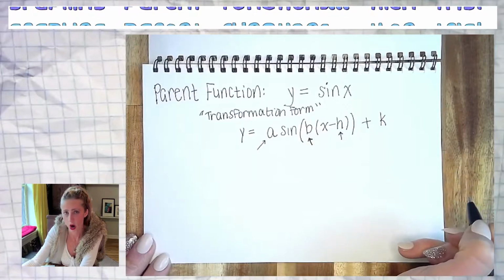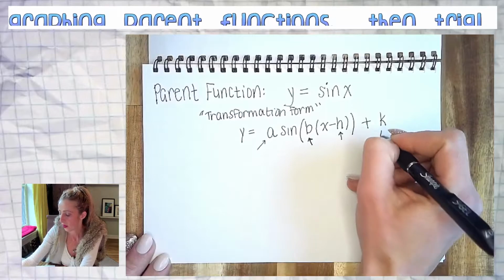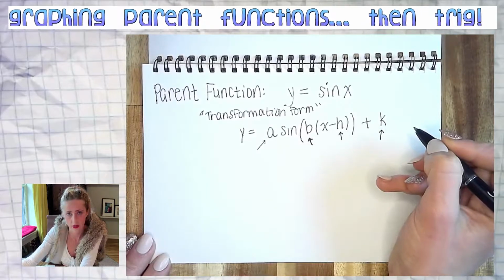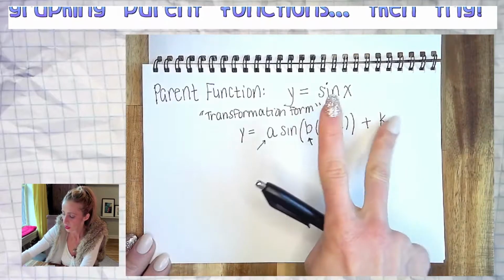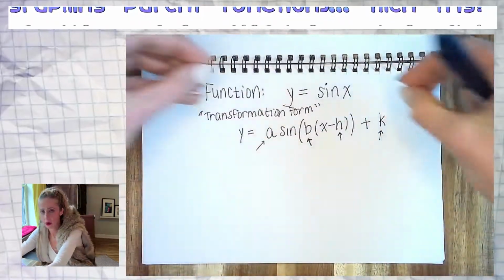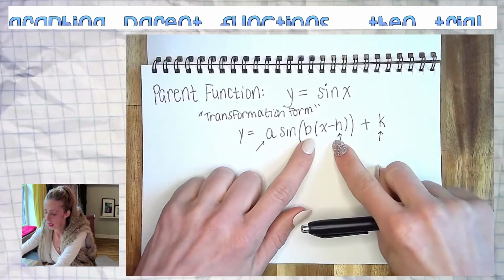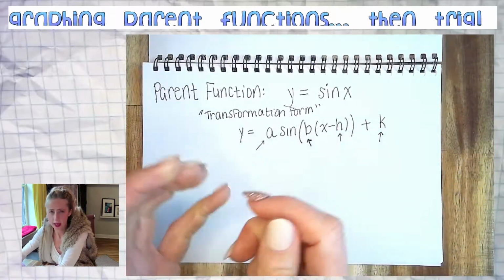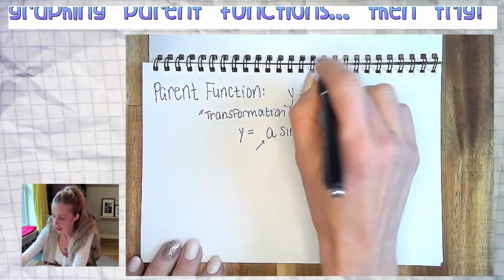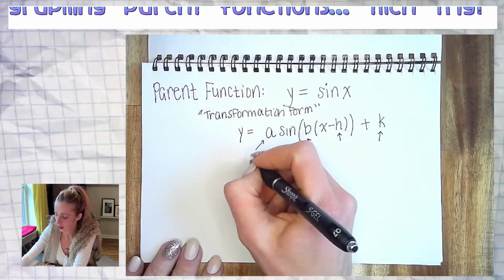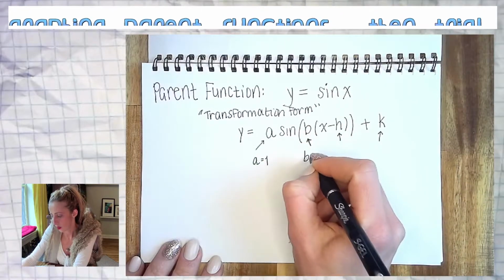H is our horizontal shift or translation, left or right. K is our vertical translation or shift, up or down. So a and k are on the outside of everything; they affect it vertically. B and h are on the inside; they affect it horizontally. Keep that in mind. In this example up here, right now, a equals 1 and b equals 1.